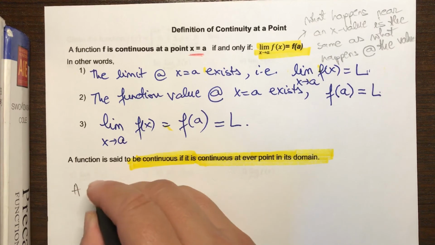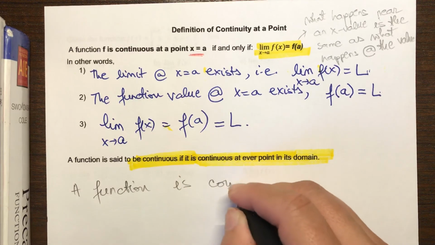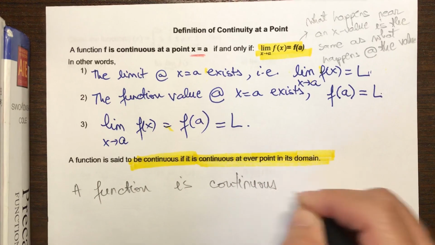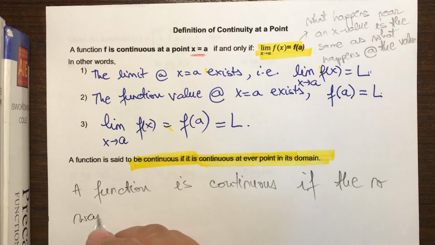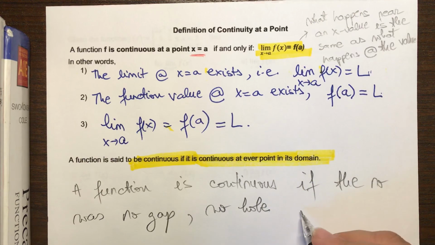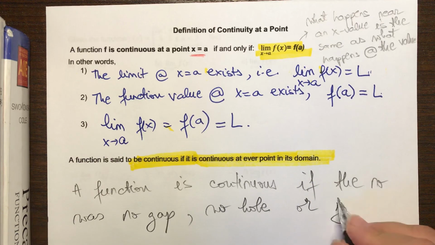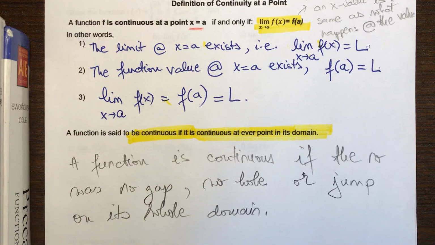So a function is continuous if there was no gap, no hole, or jump on its whole domain. Okay, so you went right through nicely from beginning to the end.